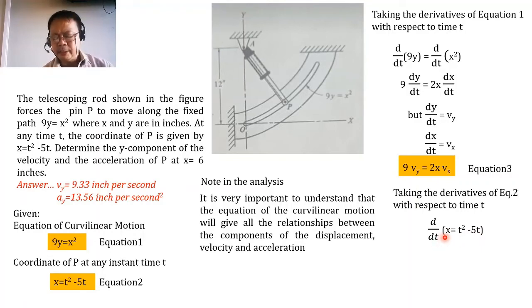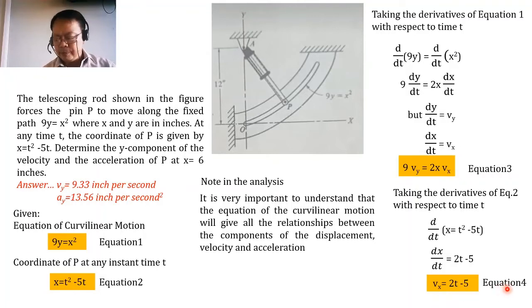The left-hand side of the equation would have a derivative equal to dx over dt, while the right-hand side of the equation would be equal to 2t minus 5. But again, itong ating dx over dt ay the same as v sub x, the x component of the velocity. So you can say therefore that the x component of the velocity is equal to 2t minus 5. And this may be considered to be our next equation, and we call this our equation 4.